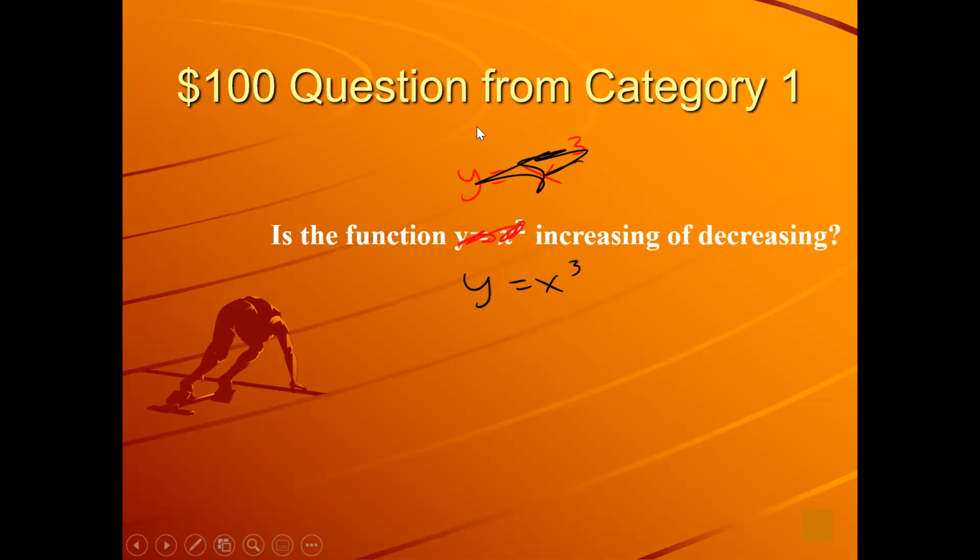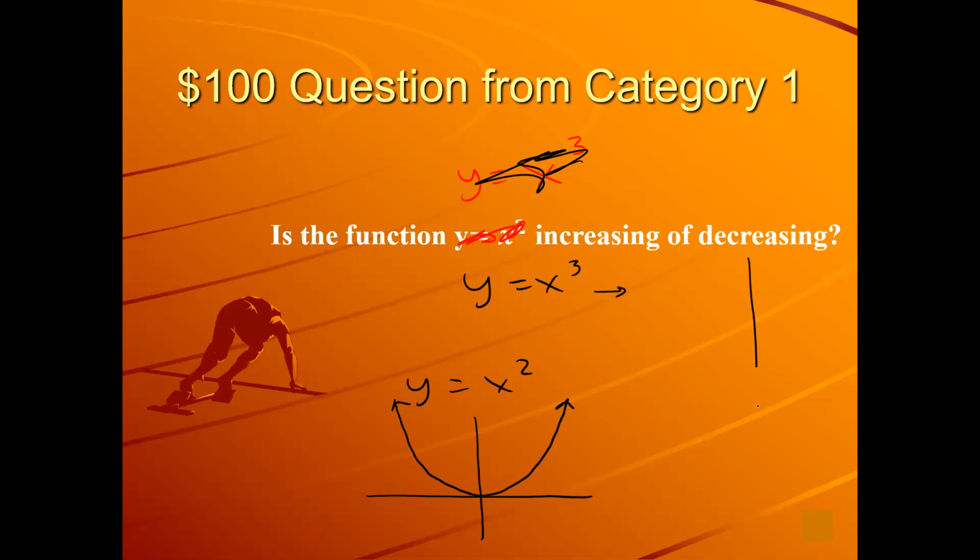Okay. Sorry, Abe. Real quickly, let's talk about it. My mistake. So y is equal to x squared. If we look at it, that's a parabola. Dylan, you are correct. That is a parabola. The answer is not x squared. It goes like this, right? It stops here and then starts increasing, right? So it's not increasing all the time, as opposed to x cubed. X cubed goes like this, and it goes like that, right?